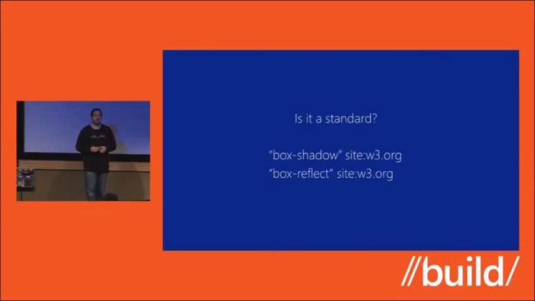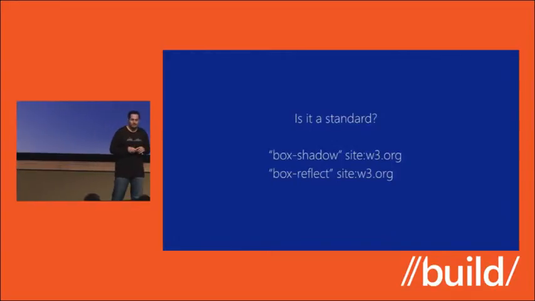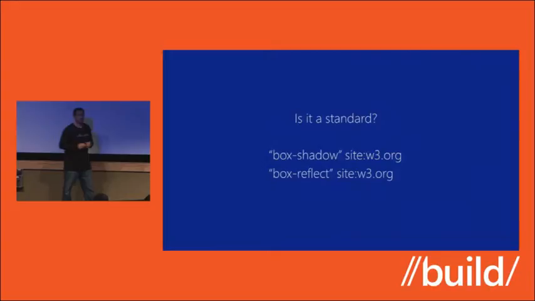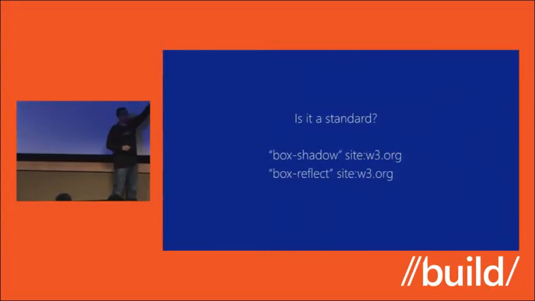Now, if you're ever confused about whether something's a standard, I've got an easy solution for you guys. Pull up your favorite search engine. I know everybody's favorite search engine is Bing, right? Okay, great. So you Bing it, and you type this in. What I'm saying is, I want to see if box-shadow is on the W3C's site.